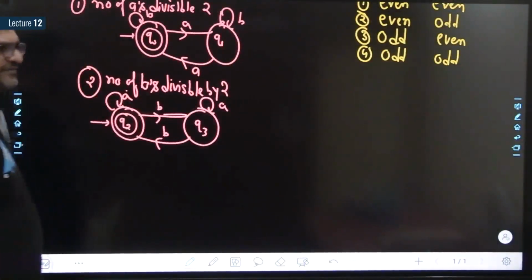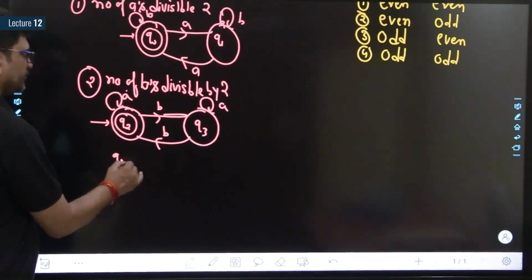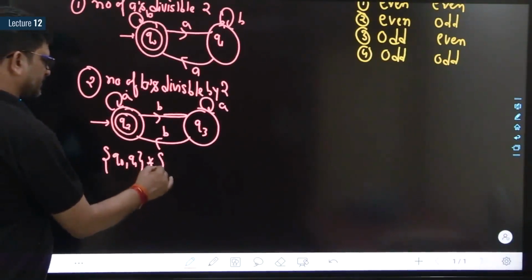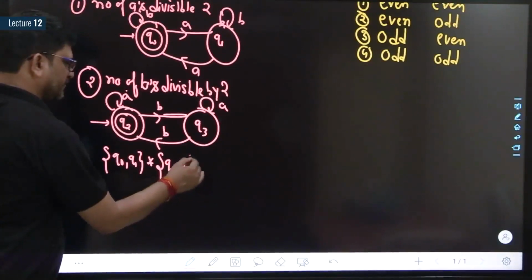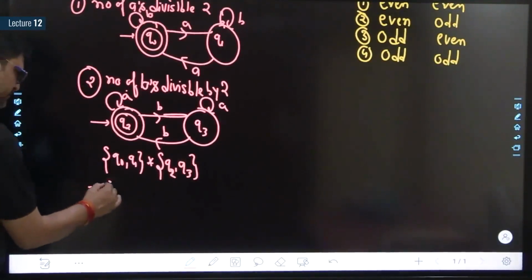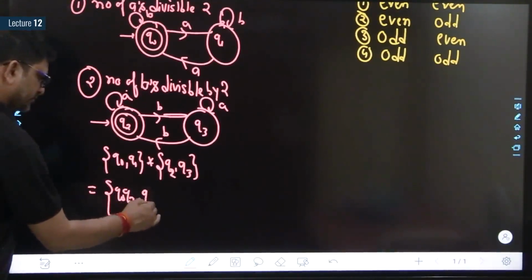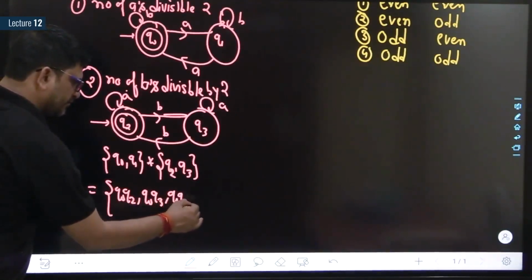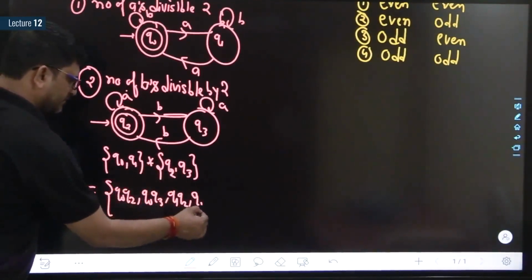Now make the compound DFA for that. How many states are in the first DFA? Q0 and Q1. In the second DFA, Q2 and Q3. What is the number of states in the compound DFA? Q0Q2, Q0Q3, Q1Q2, Q1Q3.